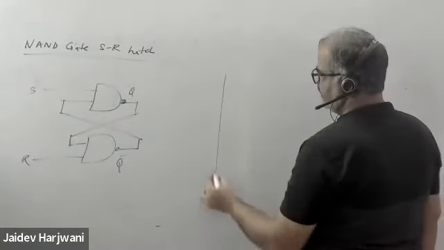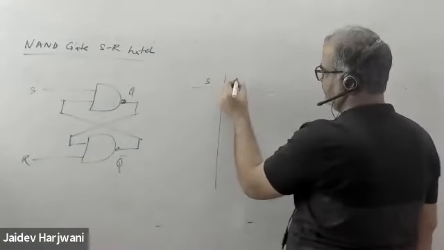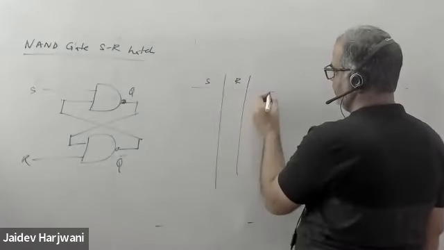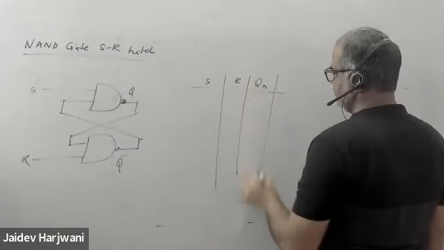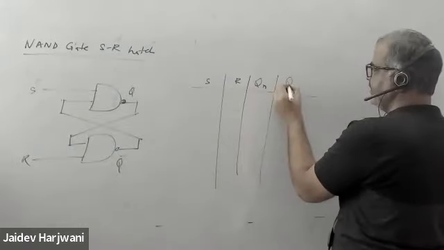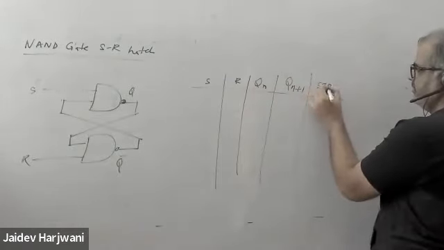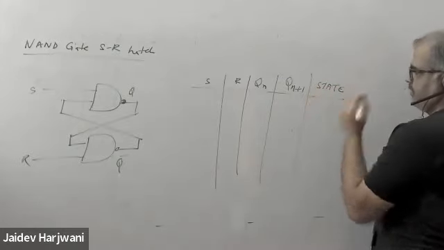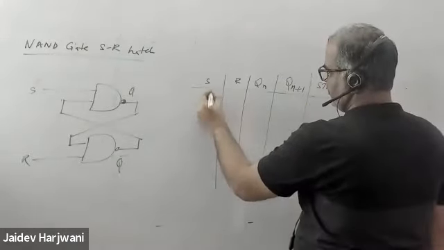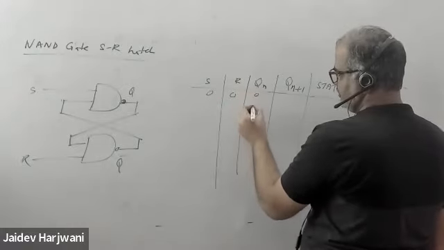So now you have S R, your present state, and the next state. When you have 0 0, this can have a 0, this can have a 1.